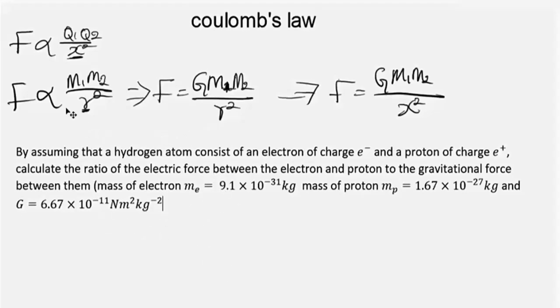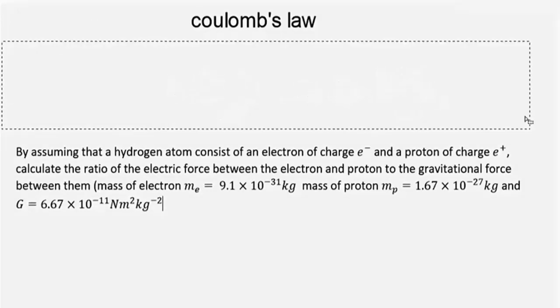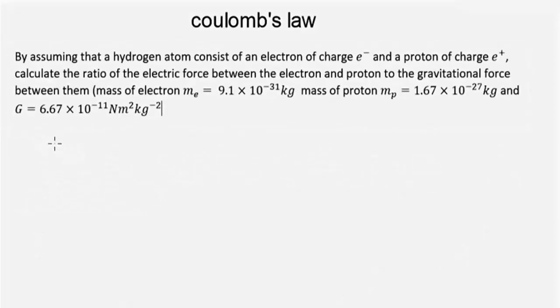First of all, I'll have to wipe this off. So let's apply Coulomb's law first. Let's say this is 1 over 4 pi epsilon naught times Q1 Q2 over x squared.